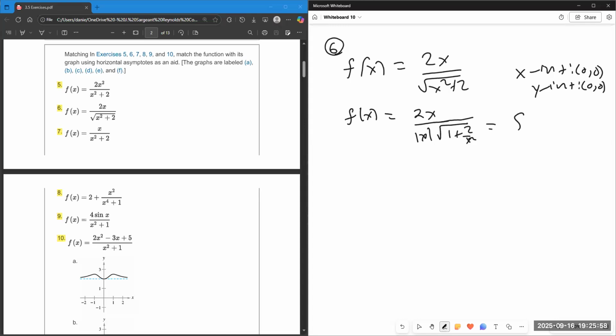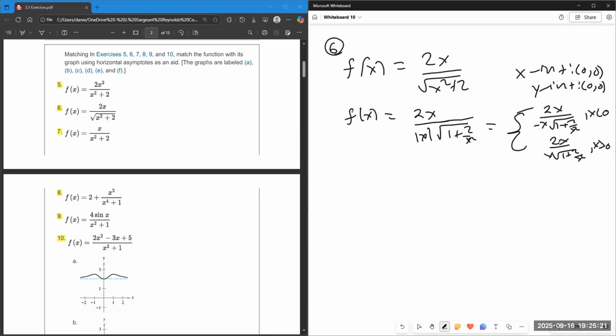So this is going to break apart into two pieces, where this is 2x over negative x root 1 plus 2 over x squared when x is less than 0, and 2x over x root 1 plus 2 over x squared when x is greater than 0.